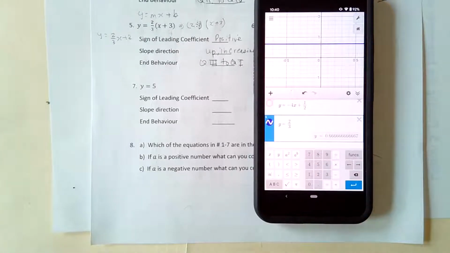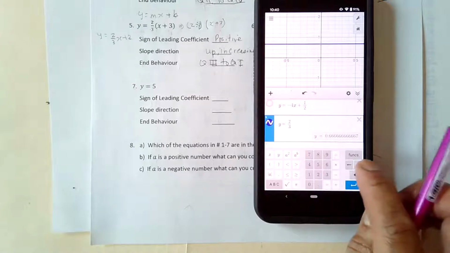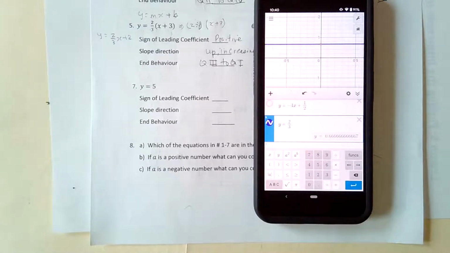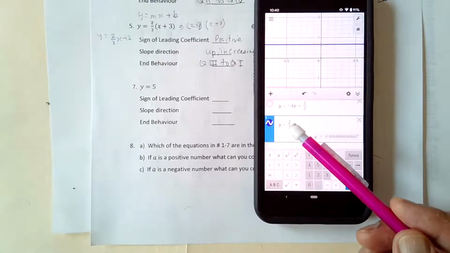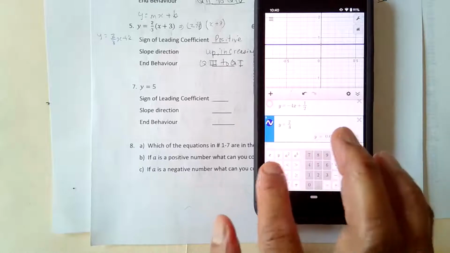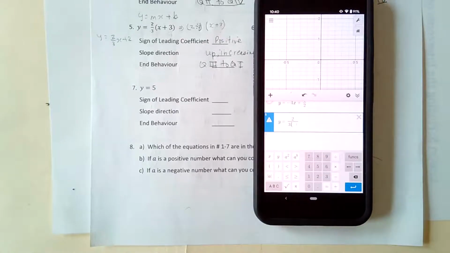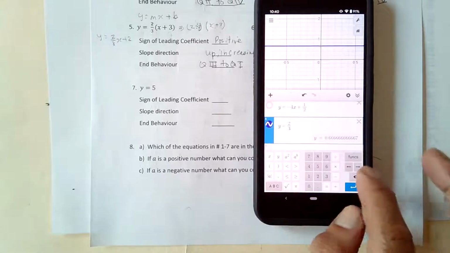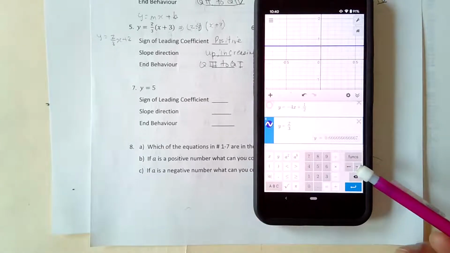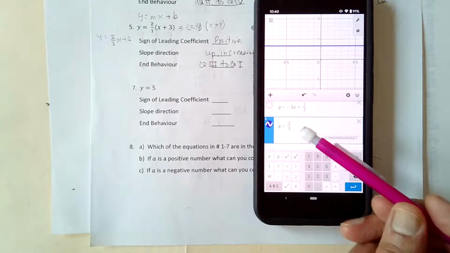In this case, I have to move to my right to get out of that fraction. Slight difference. Notice what I did here? I have the cursor flashing in the fraction. If I continue, it will put a bracket below it, and you don't want that. So you need to hit the right arrow key to get out of the fraction.